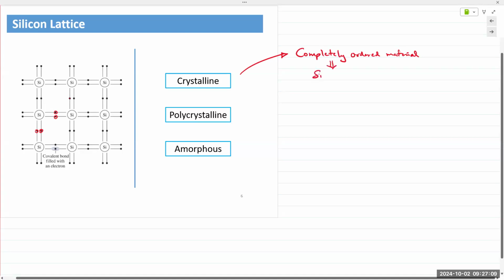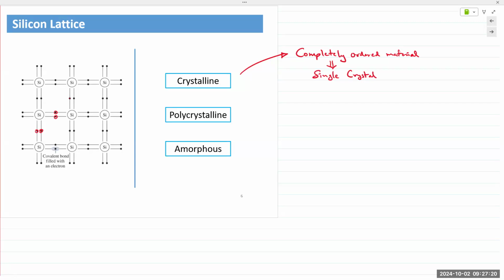We also refer to it as single crystal. There is one same structure that is repeated continuously over the entire material. Okay. Single crystal solids or single crystal materials have superior electrical properties compared to any other kind of material.